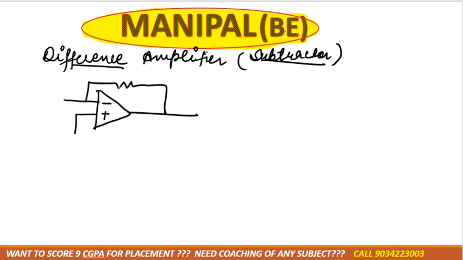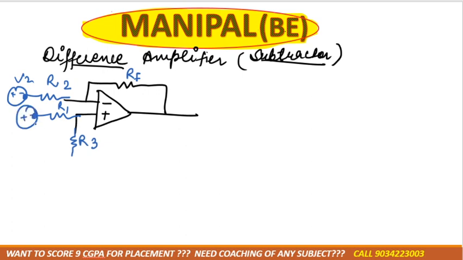In this case, again the feedback is connected with the negative terminal, and here the resistance is R2, and here we'll provide the voltage V2. Here also the resistance is R3, here is R1. You have to learn this diagram basically. And here the R3 terminal is grounded.